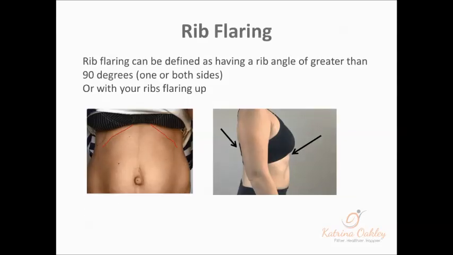When we talk about rib flaring, there are two ways that our ribs can be flared. So one is when that rib angle is greater than the 90 degrees on one or both sides. Or you can also get that rib flaring where your ribs are flared upwards, which is often with a back arch or really, really tight backness, especially that mid backness, causing these ribs to flare up.